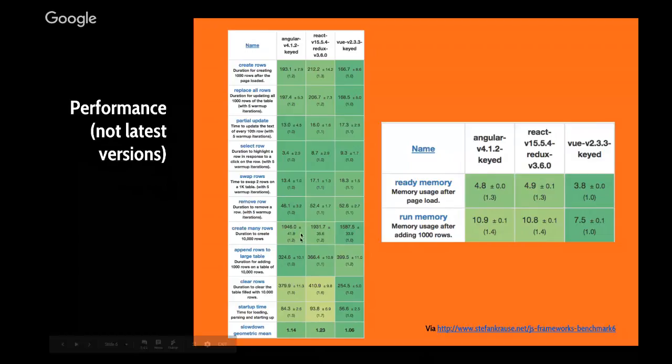Then down here where we create 10,000 rows, React and Angular are neck and neck, and Vue.js is down here at 1,500 milliseconds. And for memory consumption, all 3 frameworks are relatively the same after a page load and after loading 1,000 views.